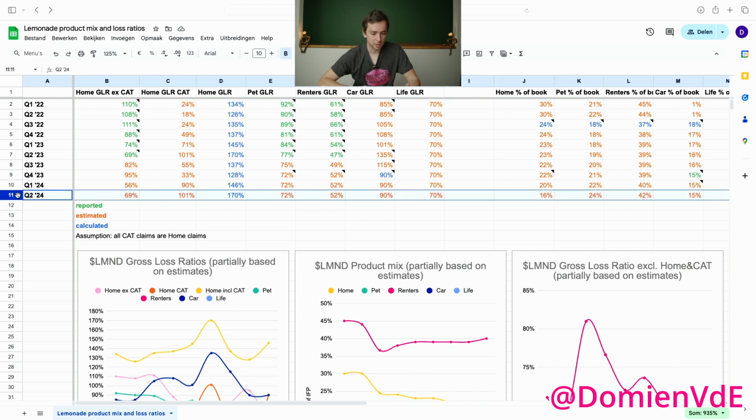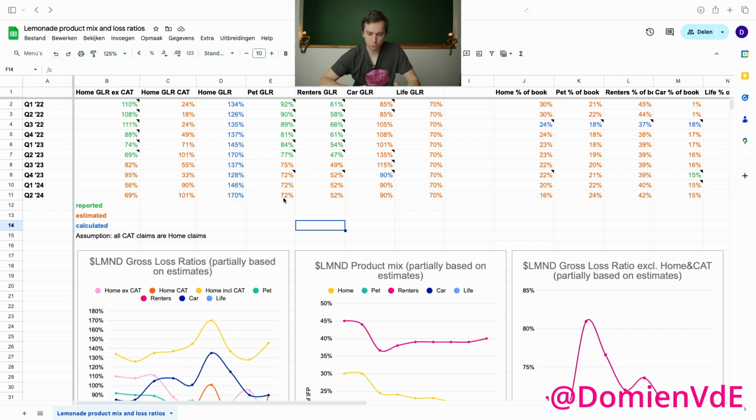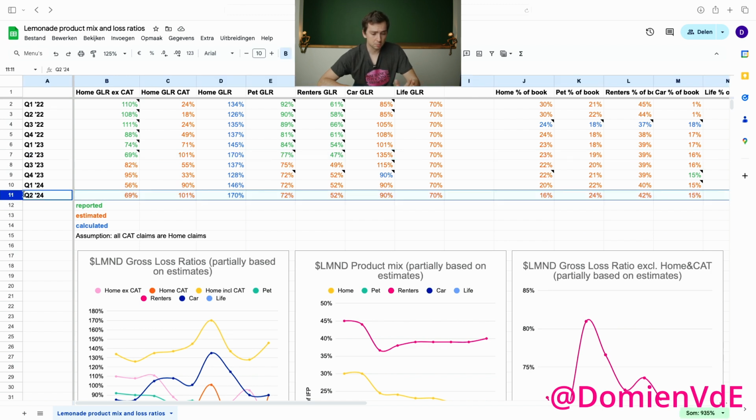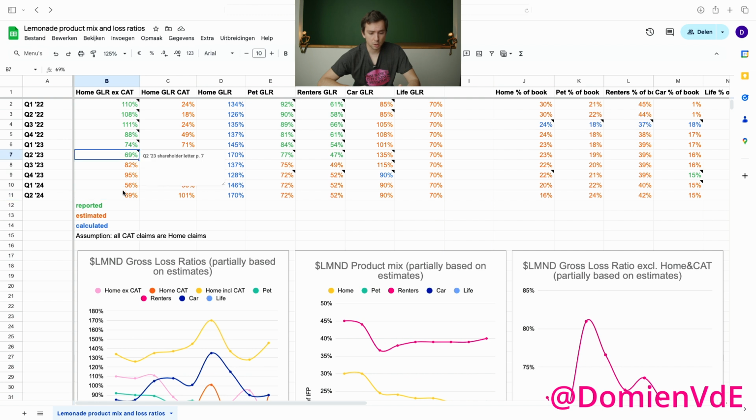So as well for Q2, these might be off by quite a lot. So let's just assume it's still the same as in Q4 for pet, for renters, for car, and for life. And let's say for home, it's basically the same as it was a year ago, right? Q2 23, let's put in the same numbers for Q2 of 24.